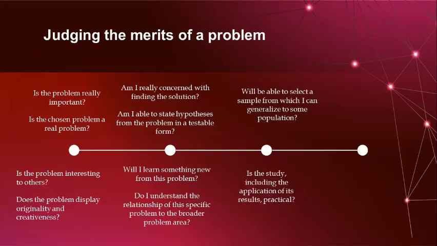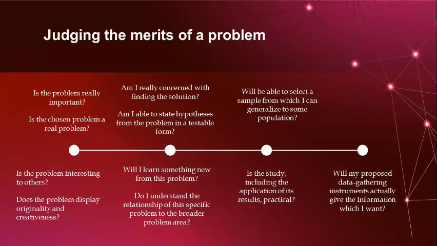Is the study, including the application, practical, or is it just some vague ideas? So, will I be getting the information which I want, or am I just putting my labor in vain? And will some other person be able to replicate the study? Replicate the study means will some other person be able to carry forward your research?